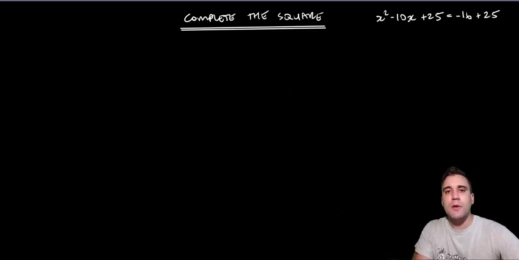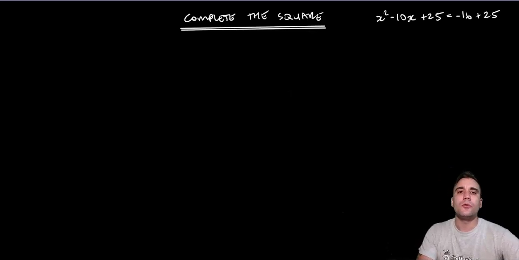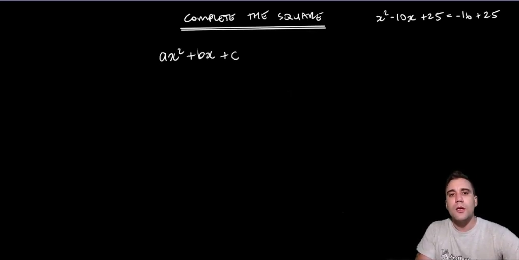This method of completing the square is useful for solving quadratic equations of the form ax squared plus bx plus c equals 0. Over in the corner here, I do have an example with some actual numbers, and we'll do that a bit later. But first, let's have a look at this general form.